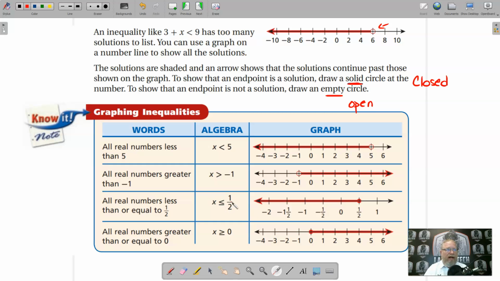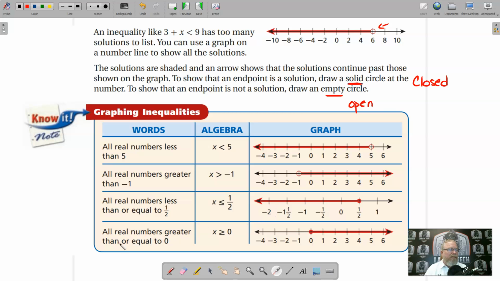So then 1/2 is indeed equal to 1/2, so that'd be a true statement. So 1/2 is included. So I'm going to use a closed dot here, and then we're talking about all the numbers that are less than 1/2. That's going to be everything to the left of 1/2. Remember, highlight that arrow so that we know that all the numbers that go past negative 2, or less than negative 2, are also solutions.